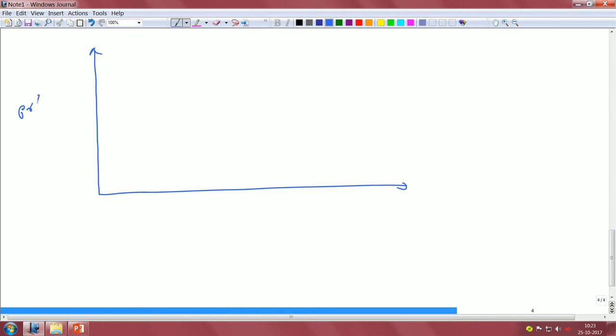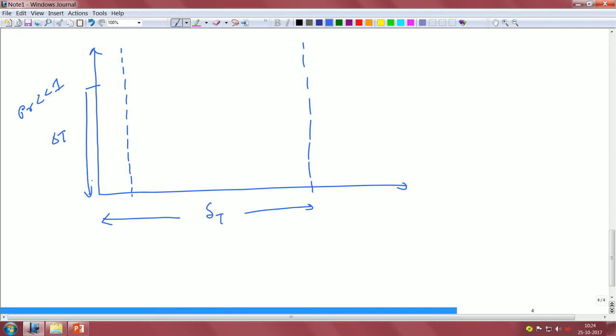Once again it is a Prandtl number much less than 1 system. I will put a few lines and we will go through it as and when. This is delta T, the temperature differential.